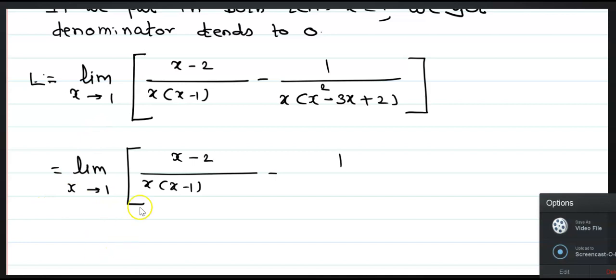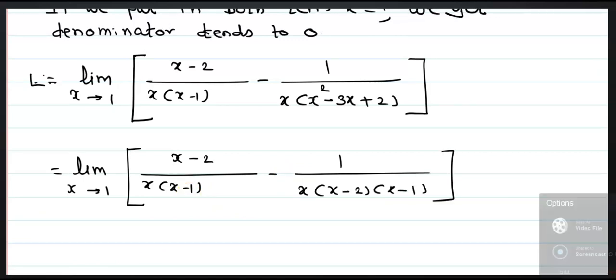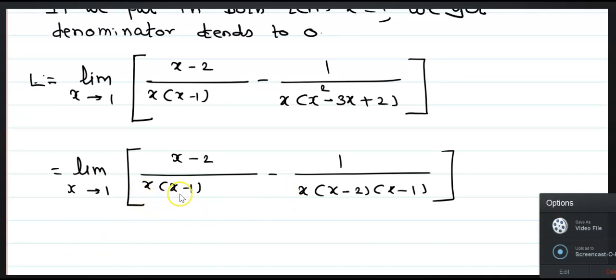Now x minus 2 upon x into x minus 1, minus. Now we'll find out the LCM. What is common for this? x into x minus 1. What is the remaining factor here? x minus 2. Therefore the LCM is x into x minus 2 into x minus 1.